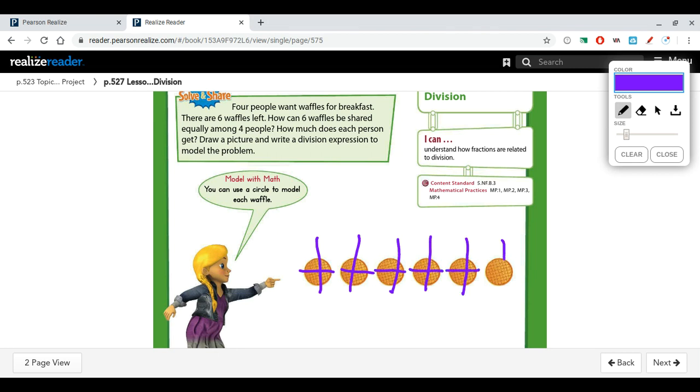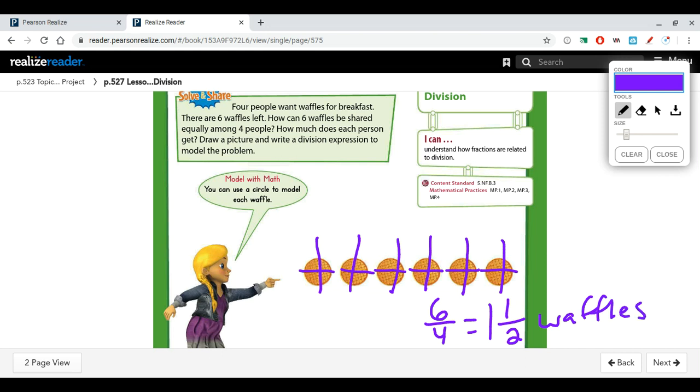As I divide them into fourths, each person is going to get 1, 2, 3, 4, 5, 6 pieces of waffle. And so I would write it as 6 fourths, because my denominator is fourths, which would be 1 1/2 waffles. So every person is going to get 1 1/2 waffles.